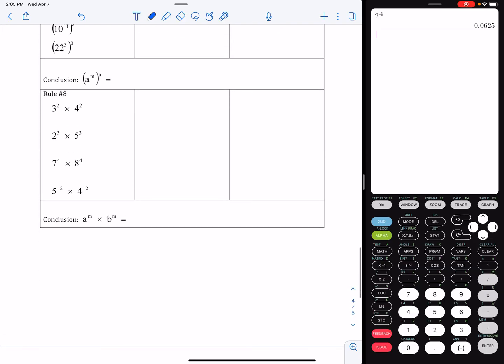Rule number 8 here is, what if I have different bases, but my exponent is the same? Again, you're going to type that into the calculator, 3 to the 2nd power times 4 to the 2nd power. But be very careful when you're doing that. 3 exponent 2, you've got to make sure that you get out of that exponent in order to type in the times. So we got times, and then 4 exponent 2.